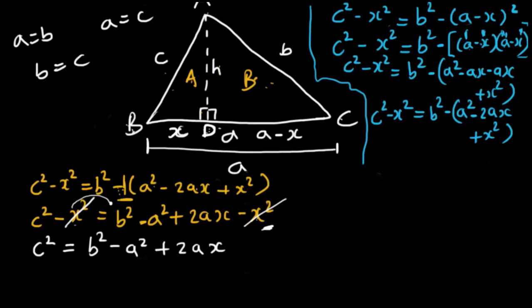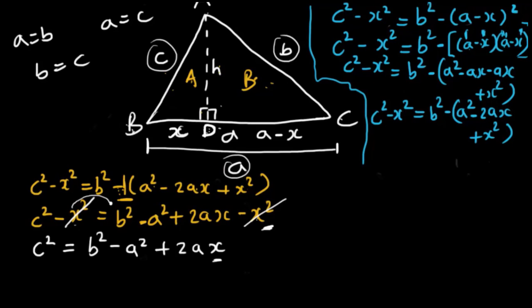Do you get it? Now there's one more thing we need to do. Remember, at the beginning of this video I told you that what we are trying to do is to get a relationship for the sides of this triangle, and the sides of this triangle are b, c, and a. So we need to find a way to remove this x. Does that make sense?